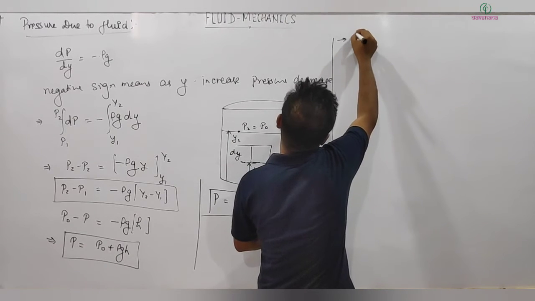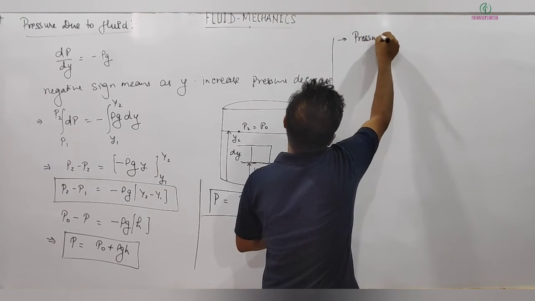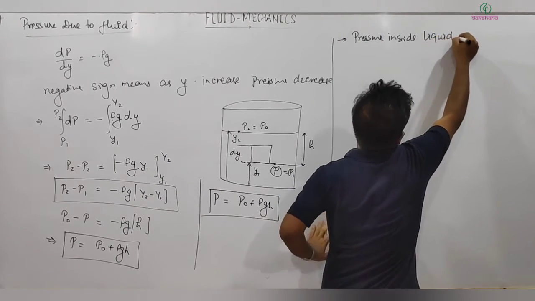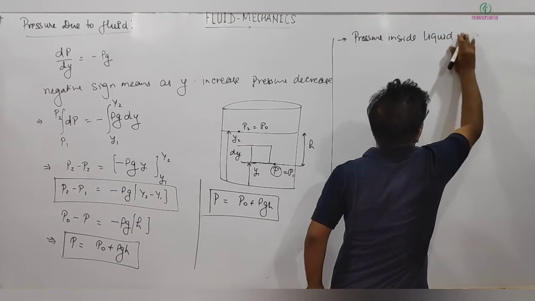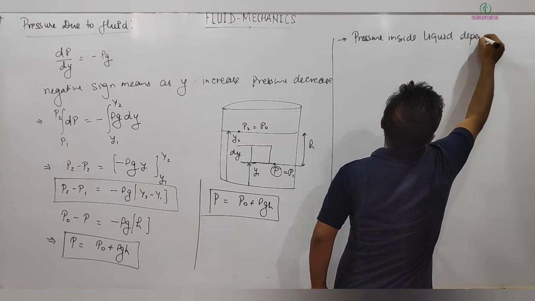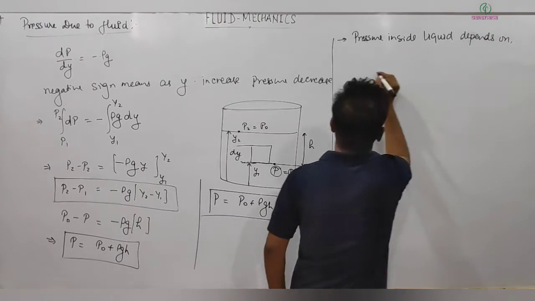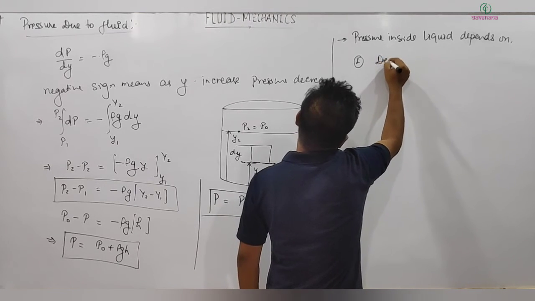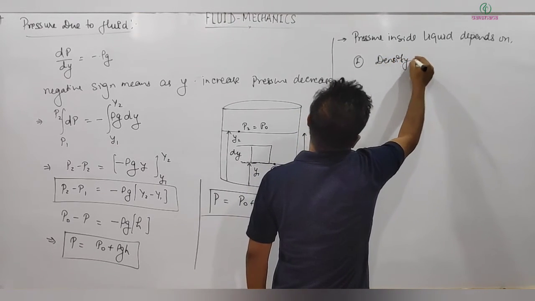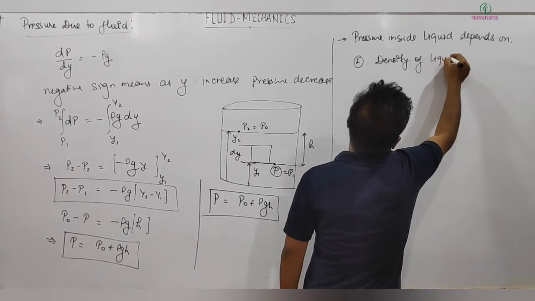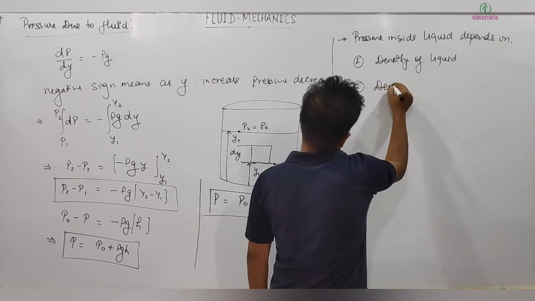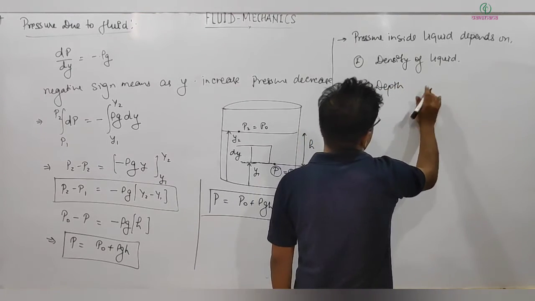So the first thing is pressure inside a liquid depends on the density of the liquid and the depth of the liquid.